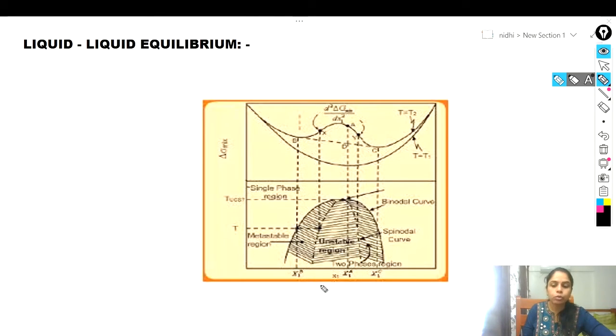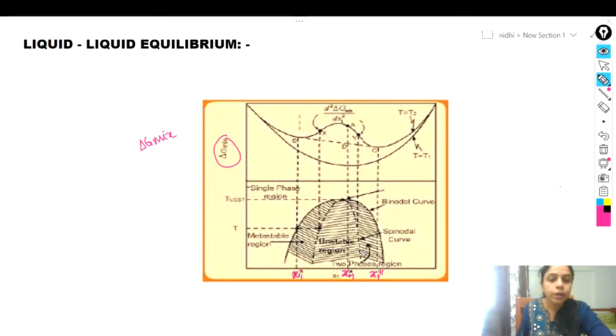So you can see here when the temperature is T2, this is your Gibbs free energy, delta G mix, versus composition. Here we have X1 dash, and this is your X1 double dash, and this is the X1 composition. If you plot, it has this particular shape.